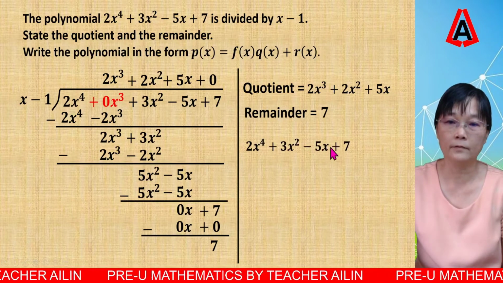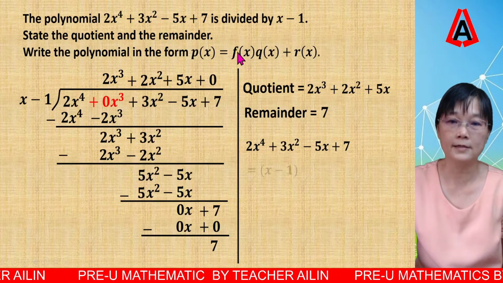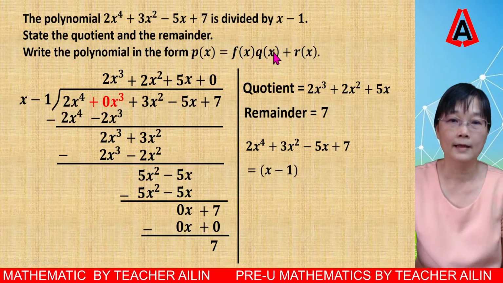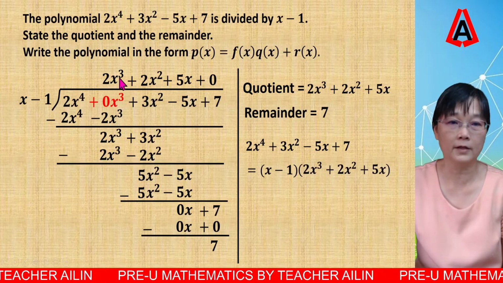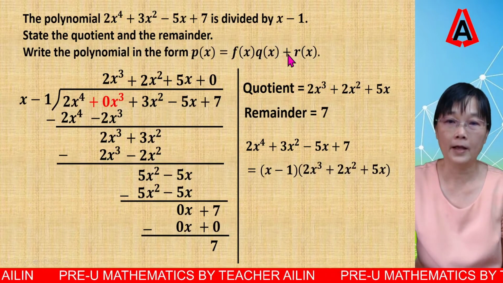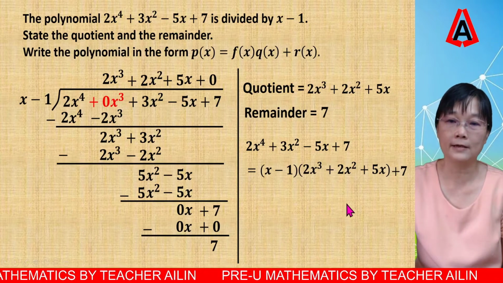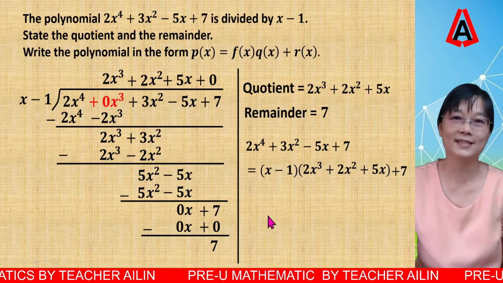We write down the polynomial equals, then this is the divisor. So the divisor is x minus 1. And this is the quotient, which is what we get from the long division here, plus the remainder. The remainder is plus 7. So finally, we will get the answer for this question.